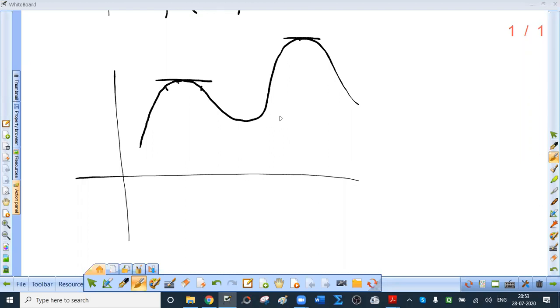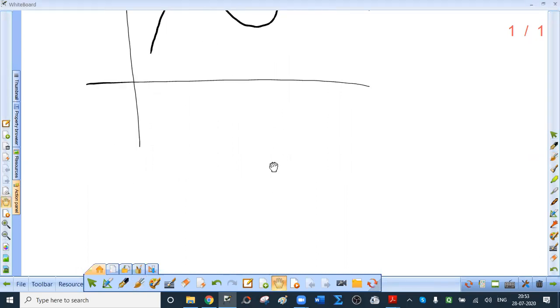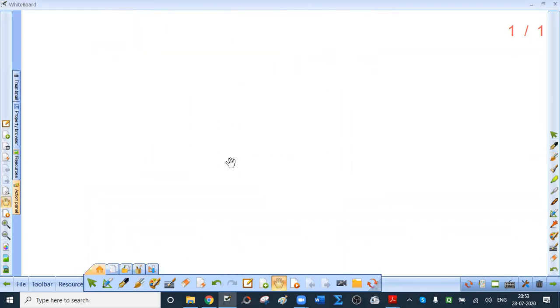The title is increasing and decreasing functions. In that, write down, let a function f be differentiable at the point P(x, y).